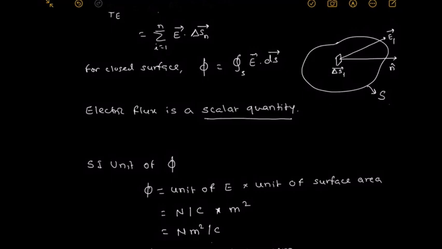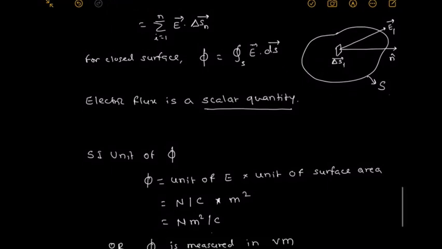The unit of electric field is Newton per Coulomb, that we discussed in the first earlier lecture, multiplied by surface area. What is the unit of surface area? Meter square. Hence, the resulting term becomes Newton meter square per Coulomb.